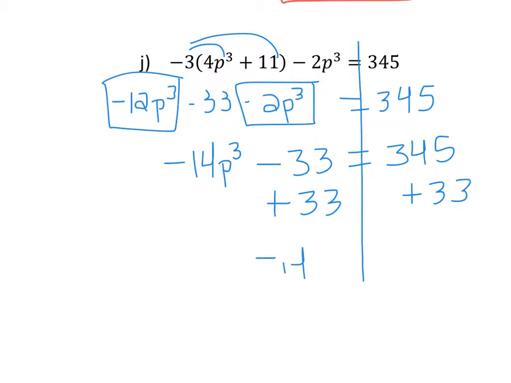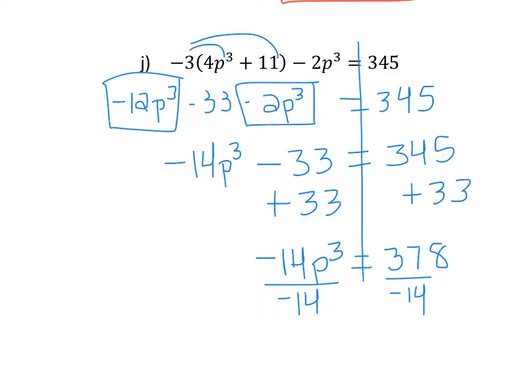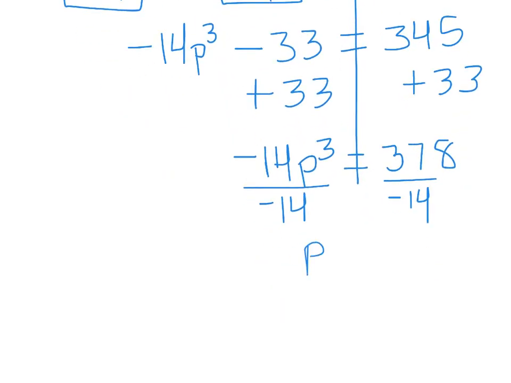Negative 14 p to the third equals 378. Divide by negative 14. P to the third equals negative 27.